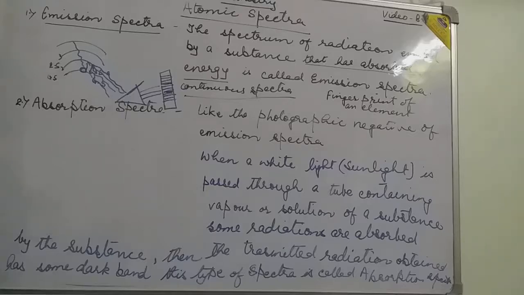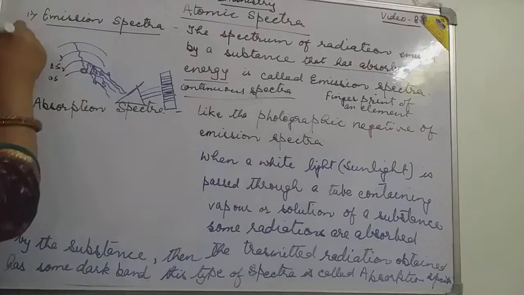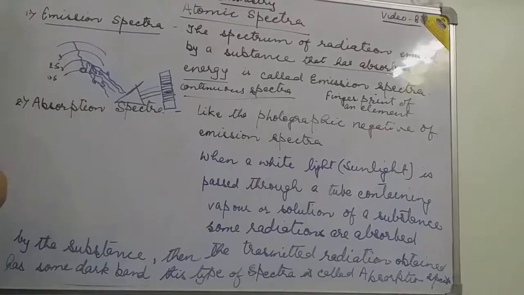Which element is present in a newly found substance? We can know the fingerprint of that element, and we can find that sodium is present, or chlorine is present, or magnesium is present in this substance by using a spectroscope.